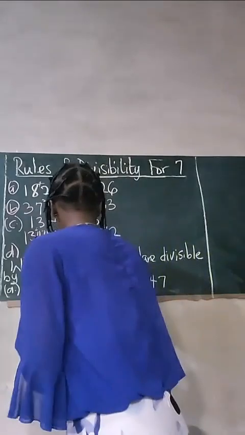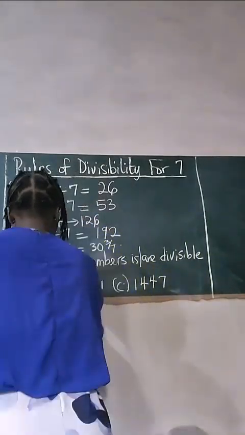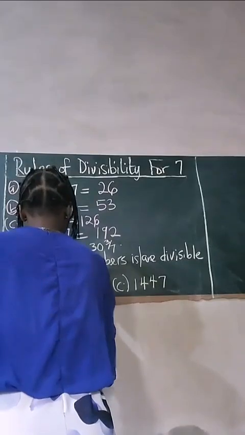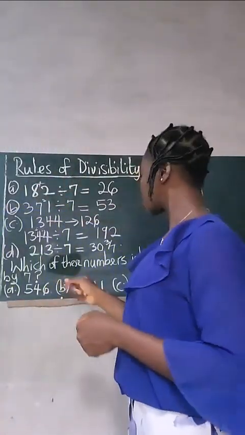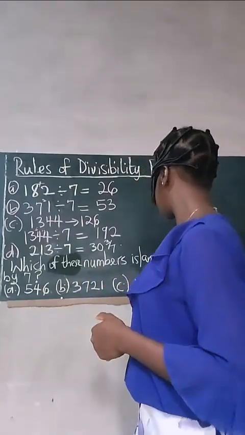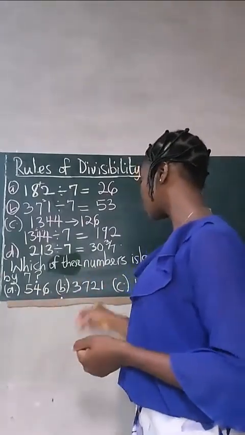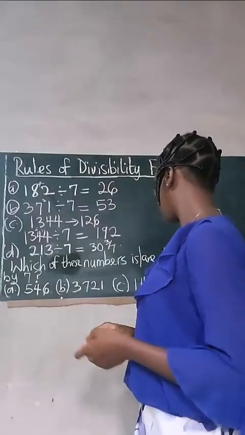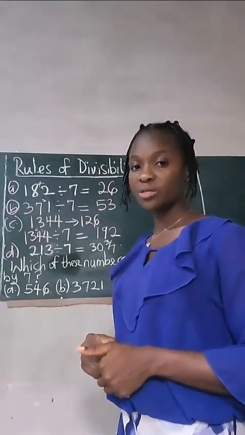So which of these numbers is or are divisible by 7? 5, 4, 6, 3, 7, 2, 1, then 1, 4, 4, 7. So which of these numbers is divisible by 7?